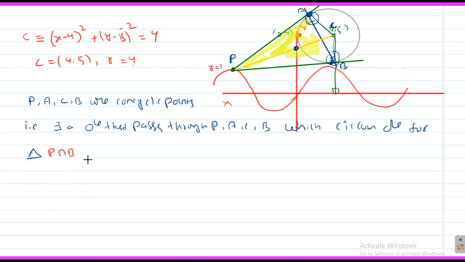Now we want to find the locus equation of its center, this black one. Let it be M. Let M equal to alpha comma beta be one point on the required locus.